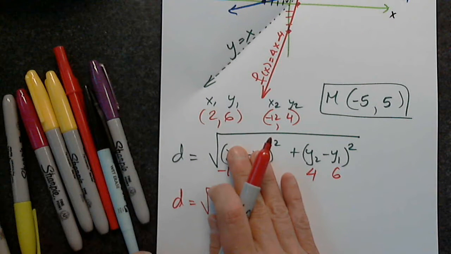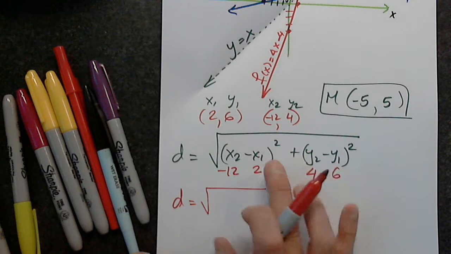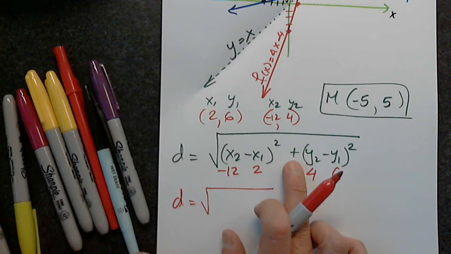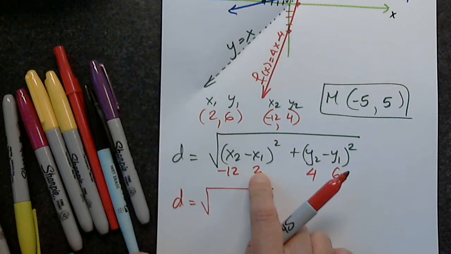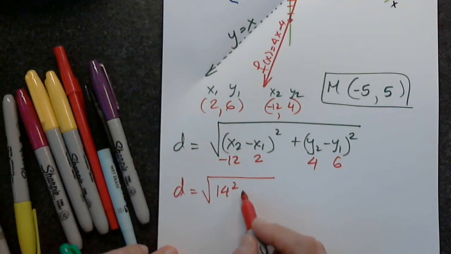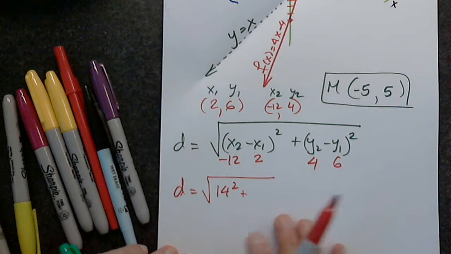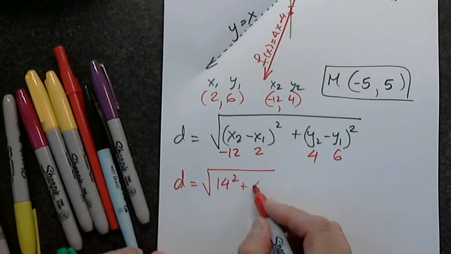This is a number that is squared, so it must be positive, and we are adding two positive numbers, correct? Okay, so -12 minus 2, -14 squared, so I can write it as 14 squared, it is the same thing, plus 4 minus 6, and -2 squared is 4.